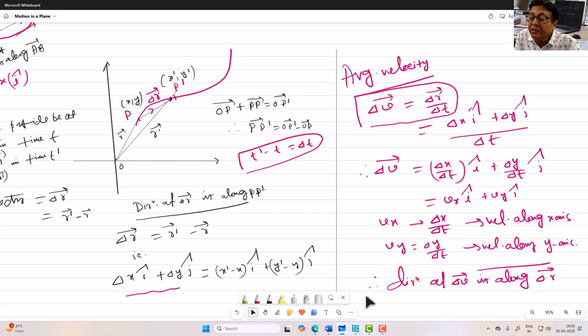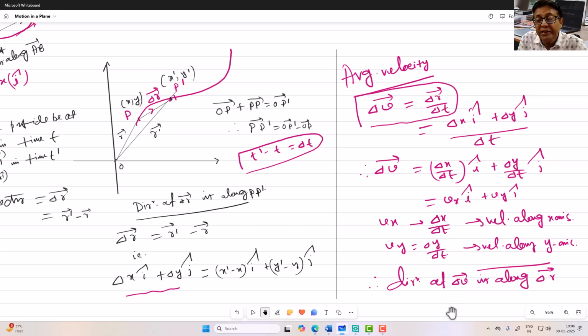In motion in one dimension, what you have seen? This is always true. When a particle moves in one dimension, the velocity vector is directed along displacement. In 2D also, a similar is the case. But when we find acceleration, we will find different directions.